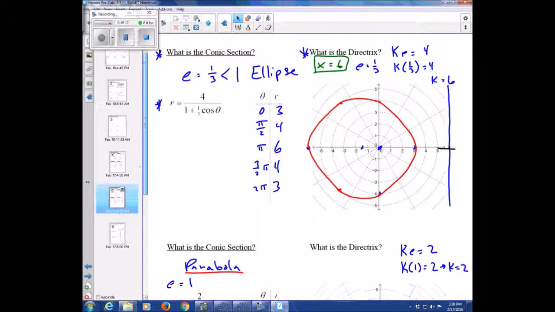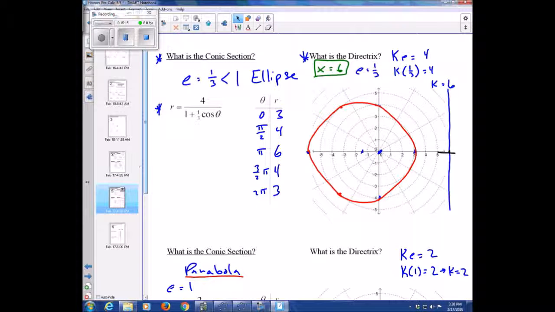All right, guys. So first we have here is an ellipse, and we can see that because the eccentricity is 1/3, which is less than 1, giving us the shape of the ellipse. Our equation is r equals 4 over 1 plus 1/3 cosine theta. We're asked for the directrix. We know that the numerator is going to be ke. So for a numerator of 4, we have ke equals 4, and then we know that e, the eccentricity, is 1/3.